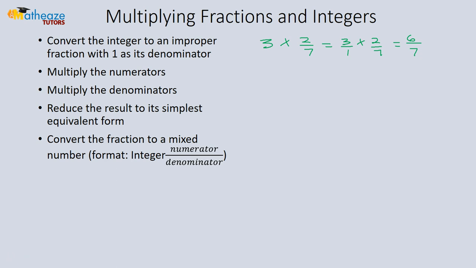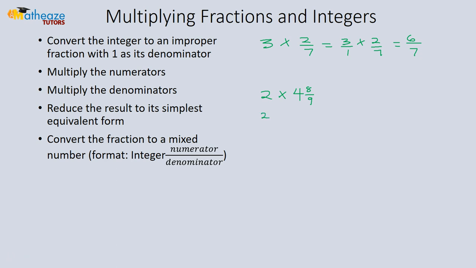So that's that. Now, if we had something that looked like this, 2 multiplied by 4 8/9, what we're going to do here is convert this one to an improper fraction with a denominator of 1.